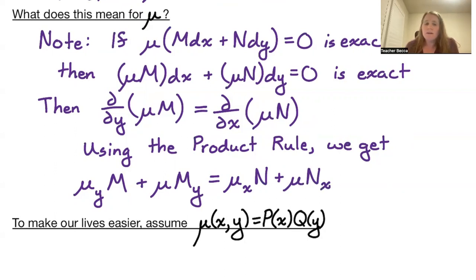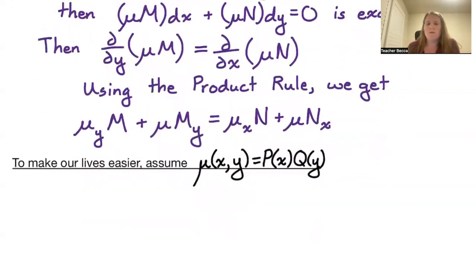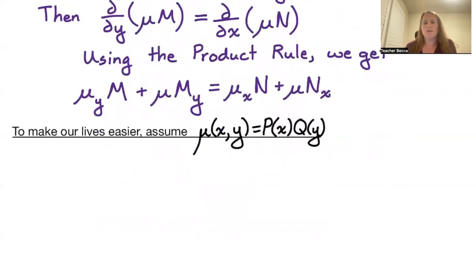So now to make our lives easier, let's assume that mu of x, y can be written as a product of a function of x times a function of y. In other words, we can write mu of x, y as P of x times Q of y.